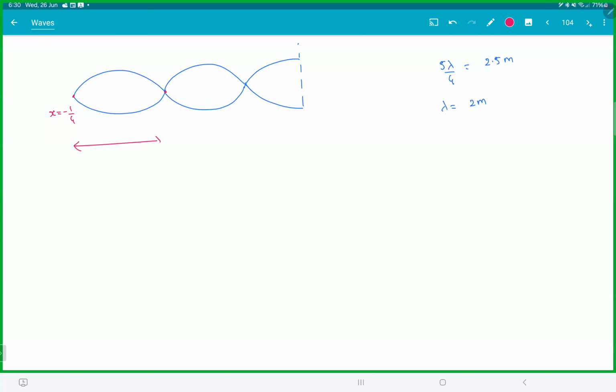Lambda by 2. That means 1 meter. And this guy would be x is equal to 3 by 4. This guy would be x is equal to half. So x is equal to 0 will be somewhere here. Right? x is equal to 0 is not the antinode. Okay. This is the second overtone or 5 half loops.